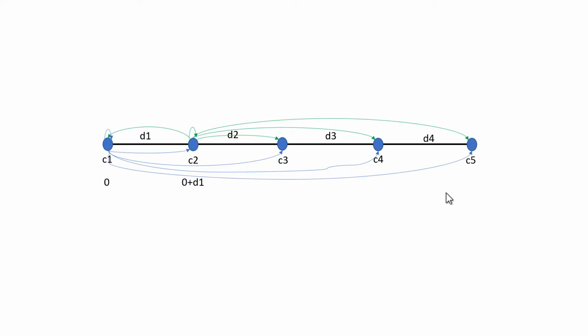Then the location of the third city is 0 plus D1 plus D2, and the fourth city adds an extra D3, and then the fifth city adds an extra D4. The location of the first city doesn't have to be 0. It doesn't matter if you set it to be 10 or 100 or 10,000. We just use 0 to make it simpler.